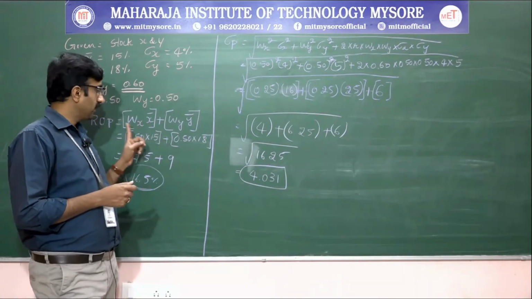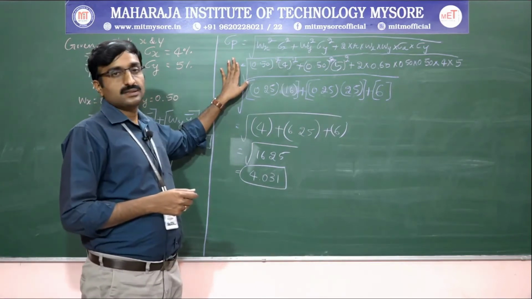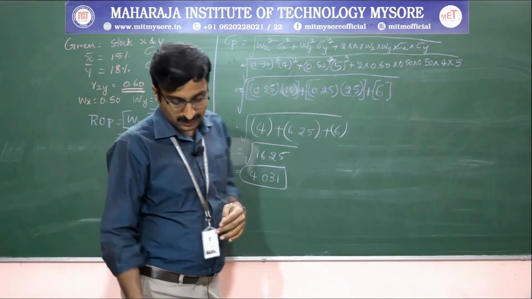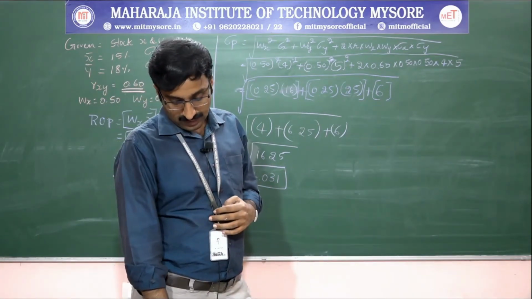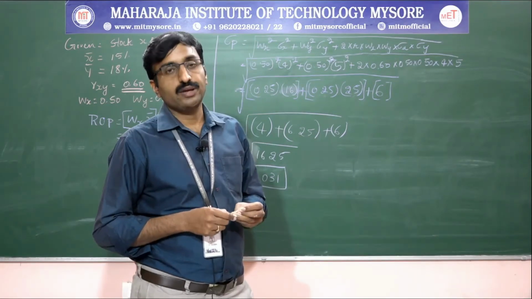So, we calculated return on portfolio, then risk on portfolio. And the next question is, determine the correlation coefficient necessary to reduce the level of portfolio risk by 50%.